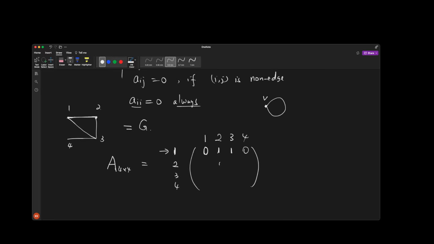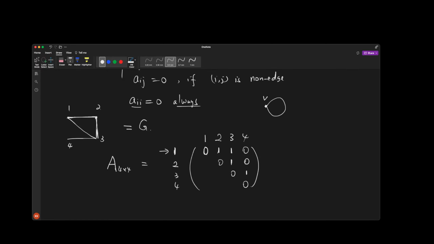Let's first put all zeros here, because I know that A22, A33, A44 are all 0. What is A23? 2, 3 is an edge, so we have 1 here. Okay? And what is A24? 0. What is A34? 1.